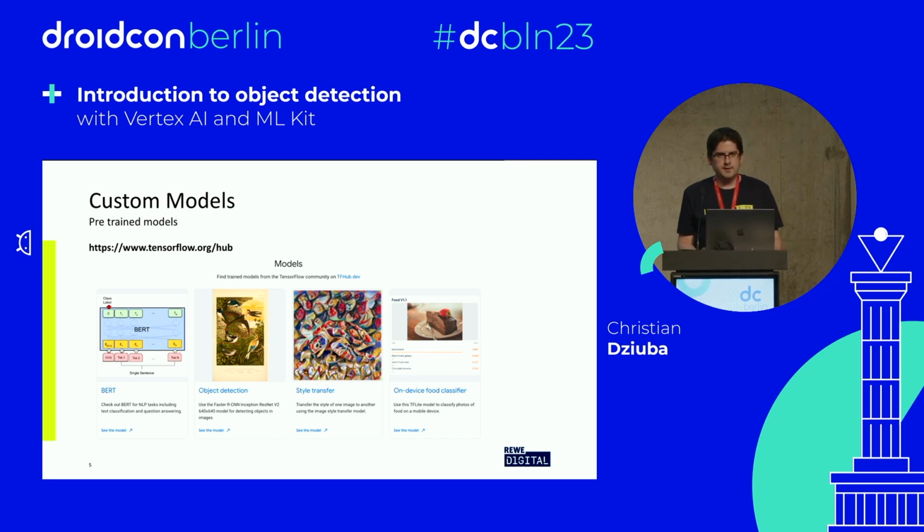Maybe it fits your use case, and the objects you want to detect are already inside the model. Or there are also models for generating new images, so you can apply a certain style to photos. And of course, there's a food classifier. For example, if you want to check if there's some kind of cake or banana inside the photo, we can use some pre-trained models for this use case.